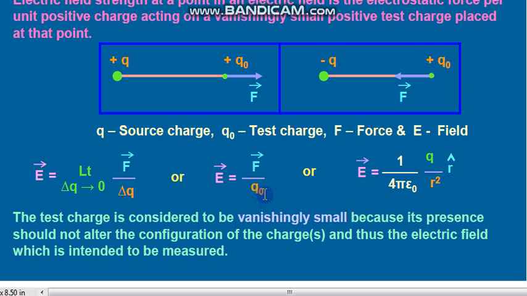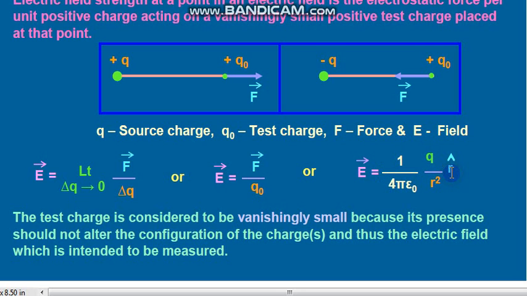Then this q0 gets cancelled, and what we are left with is the equation E is equal to 1 upon 4 pi epsilon 0 q divided by r squared in terms of magnitude. This will be its magnitude.